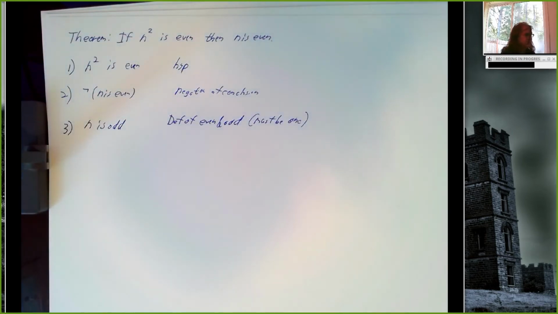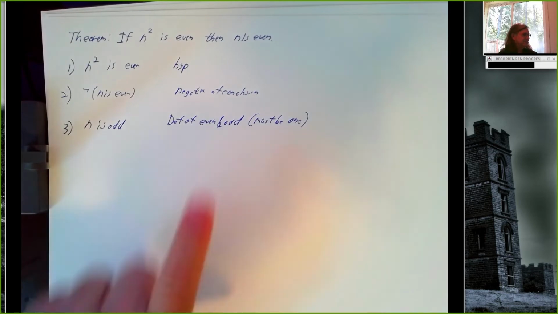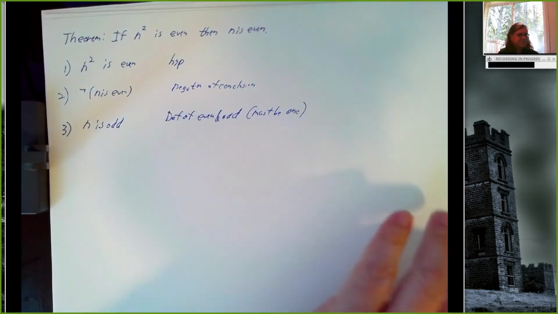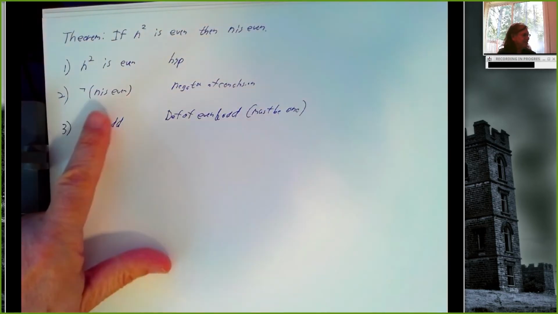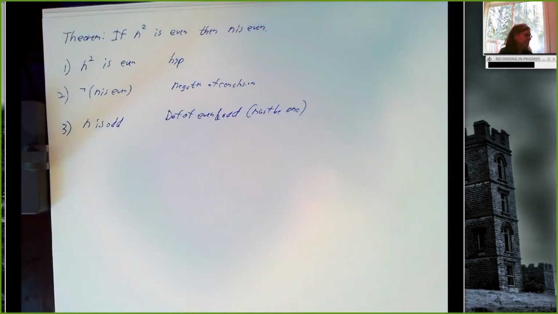And so here I'm going to say, definition of even and odd. You don't have to say it, but I'll just put that there to remind us why I did this. Under the definition of even and odd, every number is either even or odd. If it's not even, it's got to be odd.